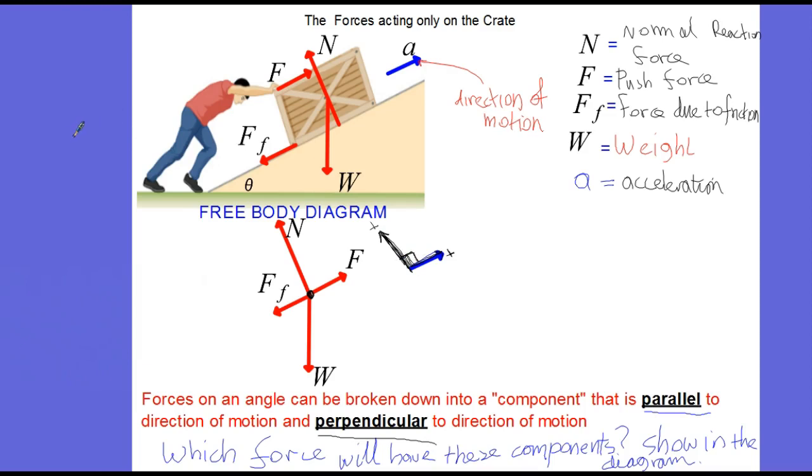Which force could be categorized as being perpendicular to motion? Normal reaction force, very good. Now, which force haven't we included? The weight force, yeah? So far the weight force doesn't fit as being parallel to the direction of motion or perpendicular to the direction of motion.